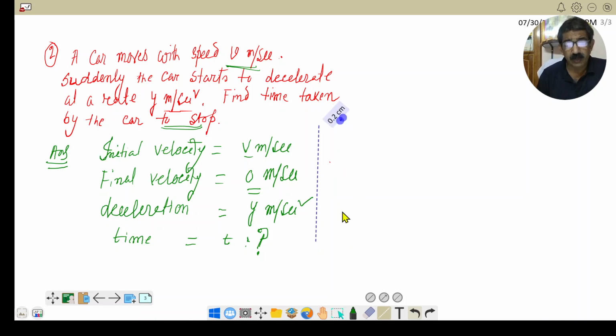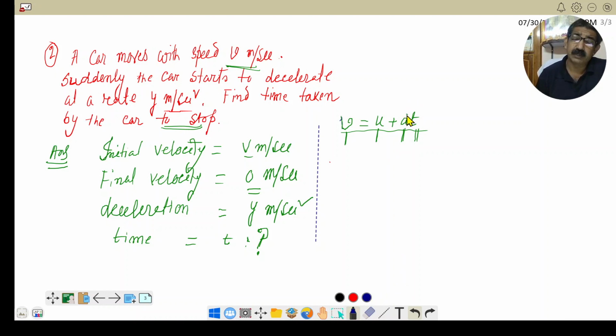Now answer. We have the formula V is equal to U plus AT. This is the fundamental formula. And we know this is final velocity, this is initial velocity, this is acceleration, and this is T. Now, A may be acceleration or deceleration, both.